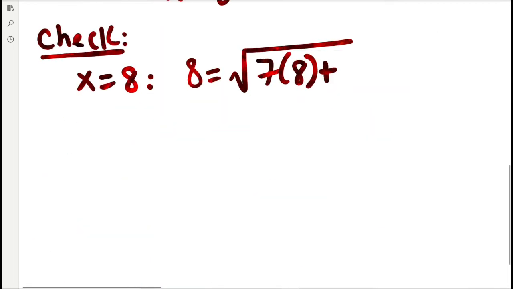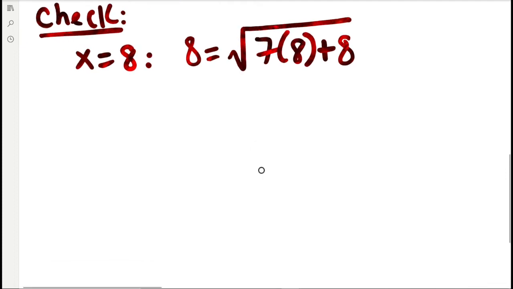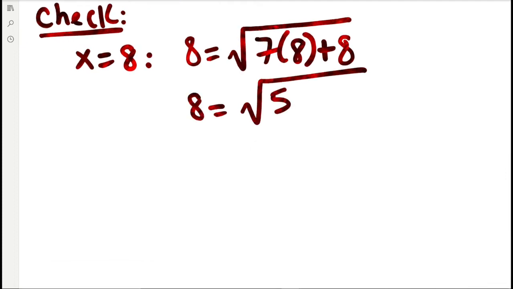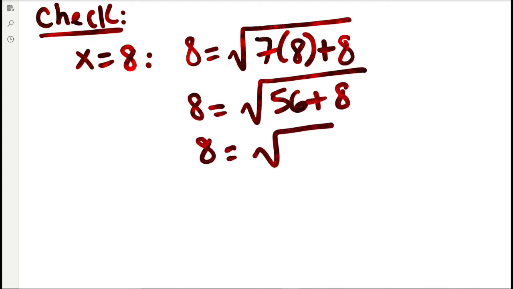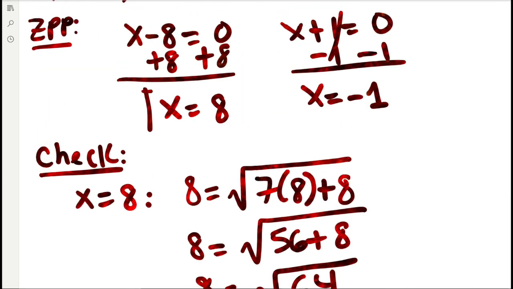Yeah. All right, so let's go ahead and check this out. So we get 8 equals square root of 56 plus 8. 8 equals square root of 64. 8 is equal to 8, so this checks out. So far we have that as a solution.